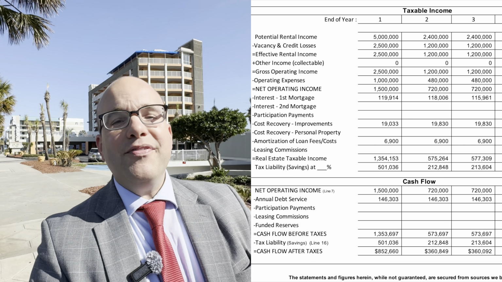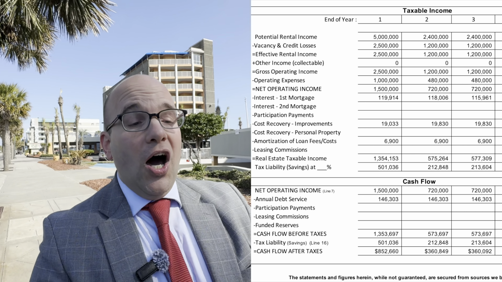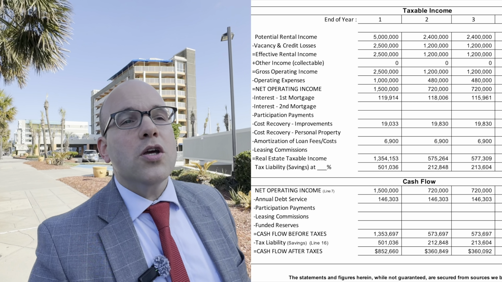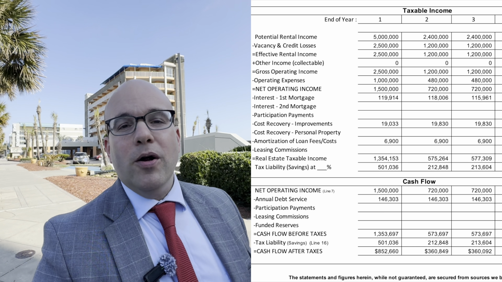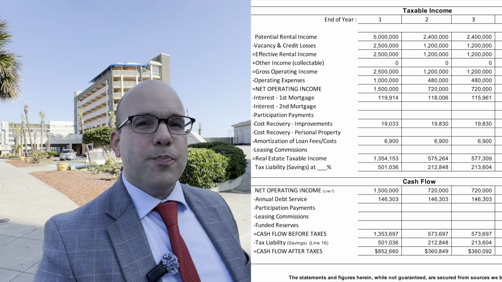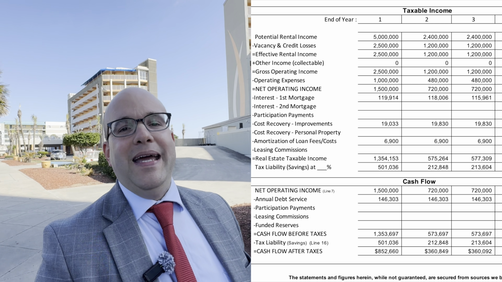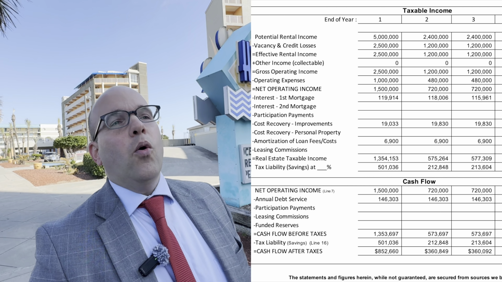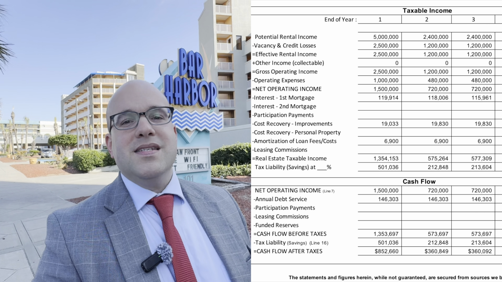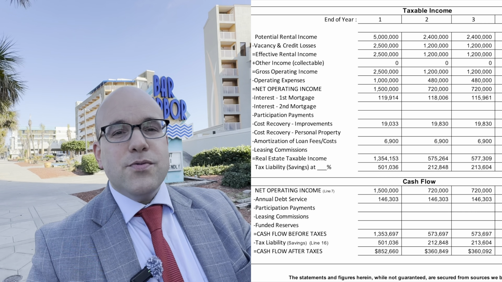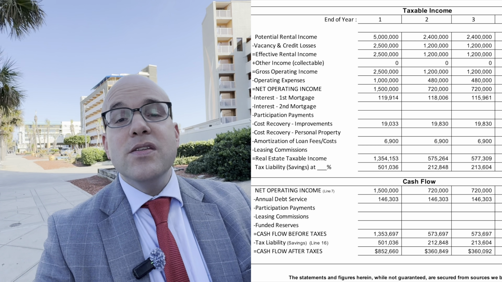Now, from there, you have to factor in other income collectible. In other words, let's say that you had a parking lot associated with this property and you made $45 per parking space every single month, or you had a billboard on the side of your business that you got paid rent for. That's where you would add that into the other income.